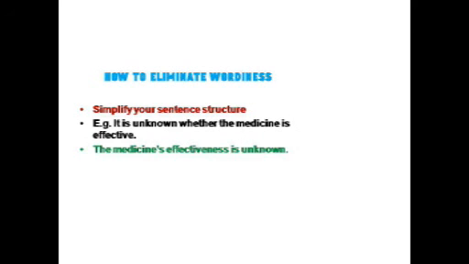It is unknown whether the medicine is effective. So, you can shorten it. The medicine's effectiveness is unknown. So, you find the sentence has become short. We have reduced the number of words here. So, these are some of the ways to eliminate wordiness or to make sentences shorter and avoid unnecessary words.